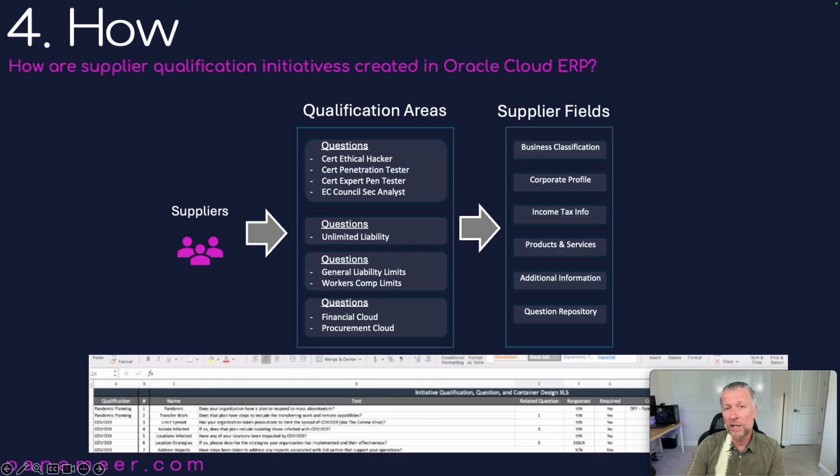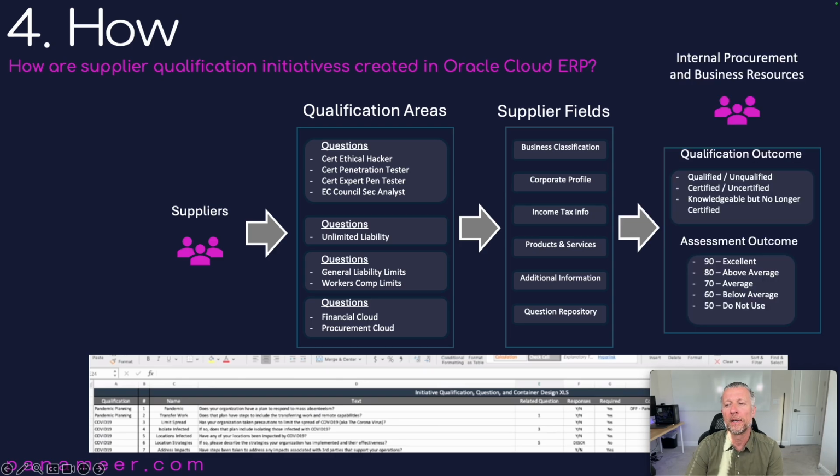Then the qualification answers, or the question answers, will be stored on supplier fields. They usually break down into about 5 different types, and they're mapped to an attribute, as we said earlier, on the supplier profile. And then each of these potentially, if you had an assessment, you would have the different internal resources also weighing in on those different answers to score them, if you will.